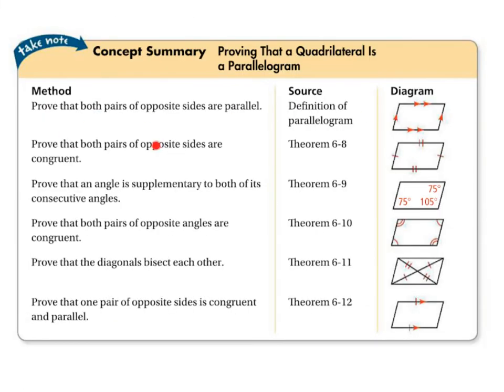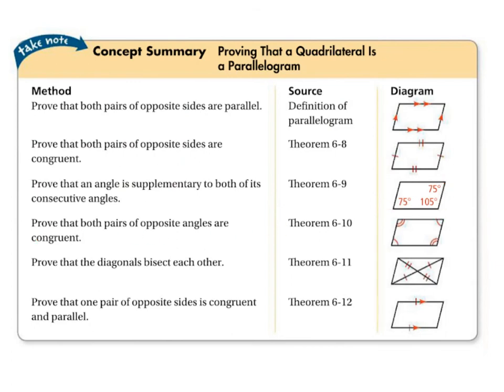So again, a quick concept summary is that if you can prove that both pairs of opposite sides are parallel, which is the definition of a parallelogram, you know it's a parallelogram. If you can prove that both pairs of opposite sides are congruent, then you've proven that the quadrilateral is a parallelogram. If you can prove that some angle is supplementary to both of its consecutive angles, then we know that it's a parallelogram.